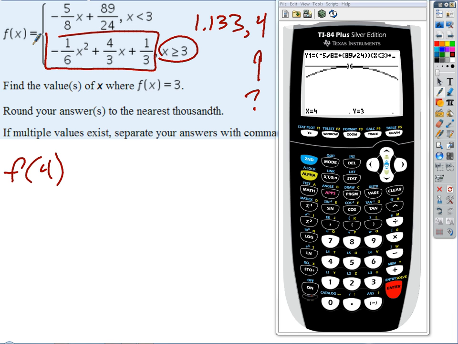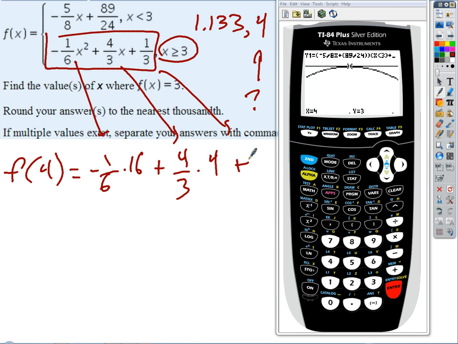So if I plug that in, what do I get? Well, that first term is just going to be minus 1/6 times 4 squared. What's that? 16. Okay, so times 16, plus the second term is just 4/3 times 4, plus 1/3. Well, what is negative 1/6 times 16? Negative 16/6, which reduces to negative 8/3, right?